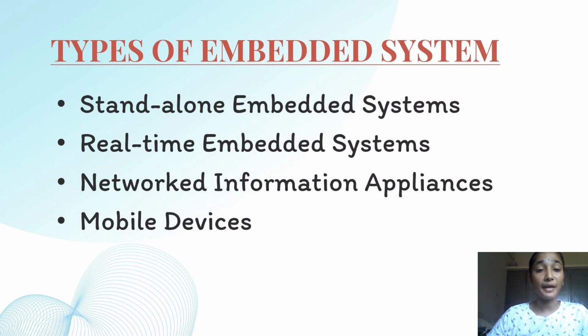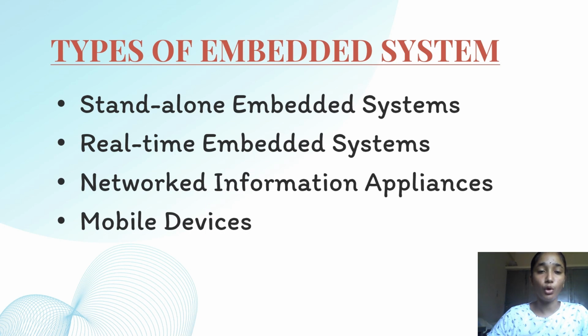There are mainly four types of embedded systems. They are standalone embedded systems, real-time embedded systems, network information appliances, and mobile devices.